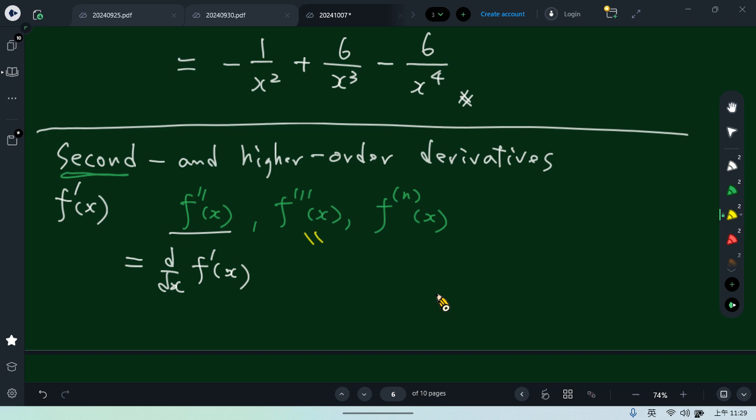We can get this one by differentiating this one. That also means that we differentiate it 3 times.